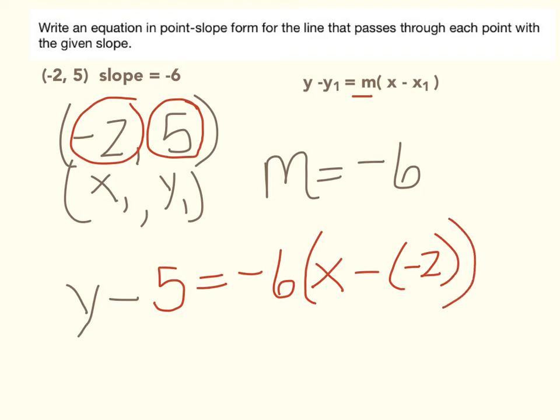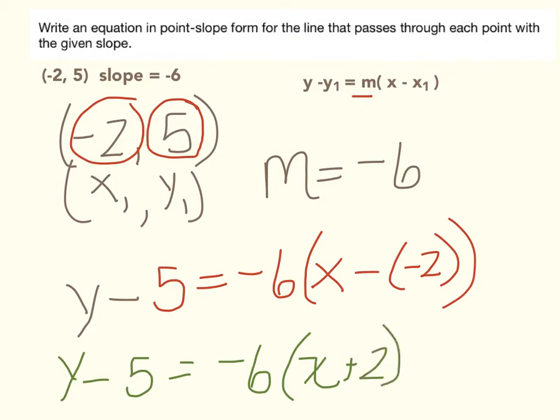Now, we typically do not write equations, especially in algebra, as minus a negative. So we are going to rewrite this properly. Y minus 5 equals -6 times the quantity x plus 2. There. Now we have it.